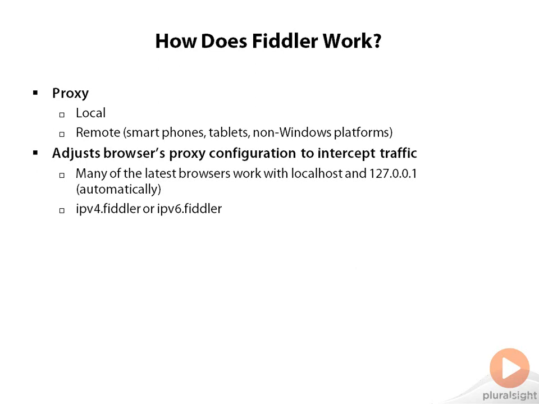So either way, you're able to use your browser and look at your local machine to capture traffic. Again, that's only a concern if you're both the client, browser, and server on the same physical machine. Normally, if you're looking at any internet-based website, you can just start Fiddler, start your browser, and everything will work as you would expect.